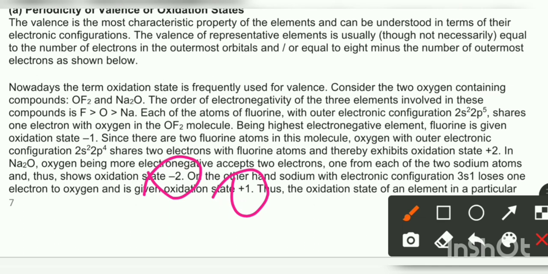Therefore electronic configuration plays an important role for valency, as well as in all the atomic properties of the elements. Oxidation state completely depends upon the electronic configuration. Electronic configuration explains the electronegativity of the compounds, and ionization enthalpy also plays an important role.